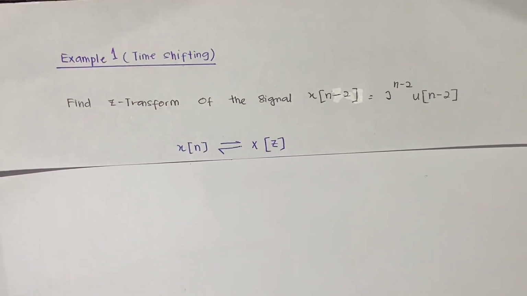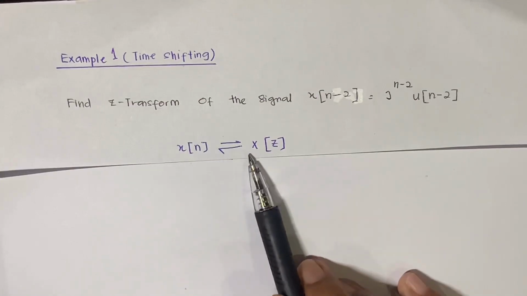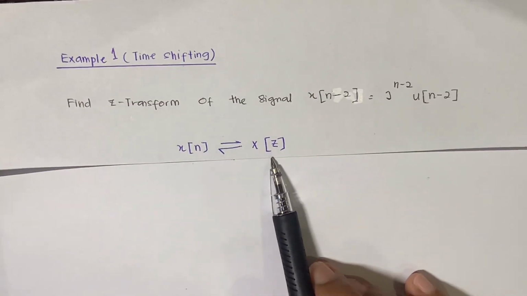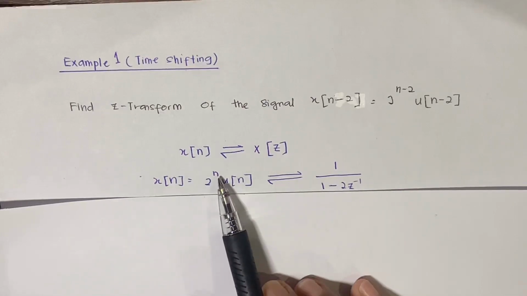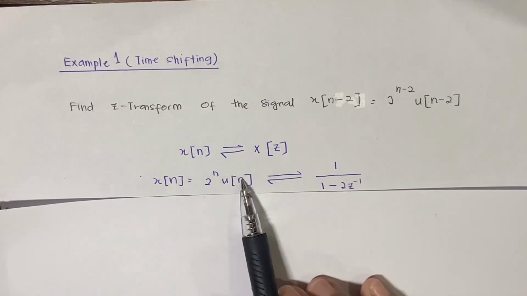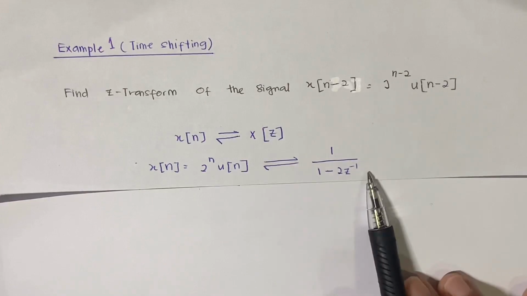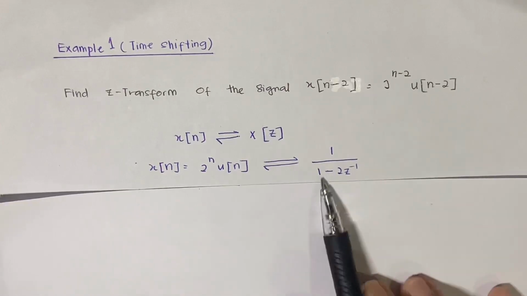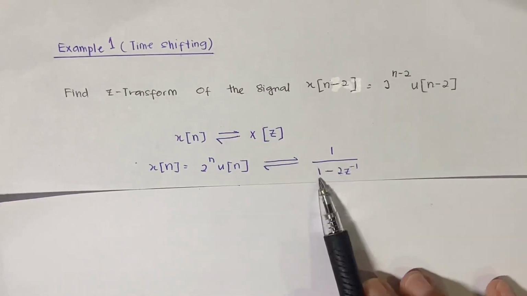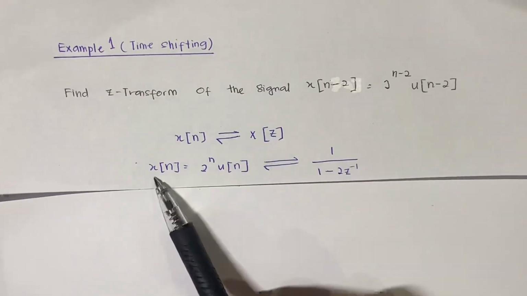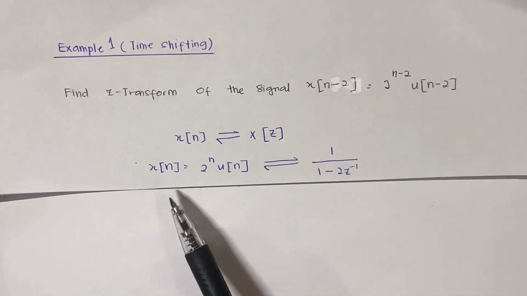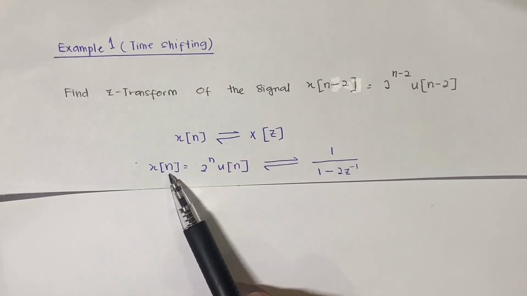We know that x[n] equals 2 to the power of n u[n]. We change it to the Z transform, and you will get 1 over 1 minus 2z to the power of negative 1. This is the condition when time shifting has not yet been applied.